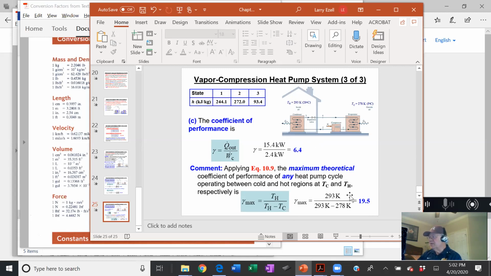SEER, it's very possible to run higher than this gamma max because it's a whole different thing. Gamma is like units over like units, heat over electricity. SEER, S-E-E-R, is one specific ratio, BTUs per hour of heat per watt of electricity.